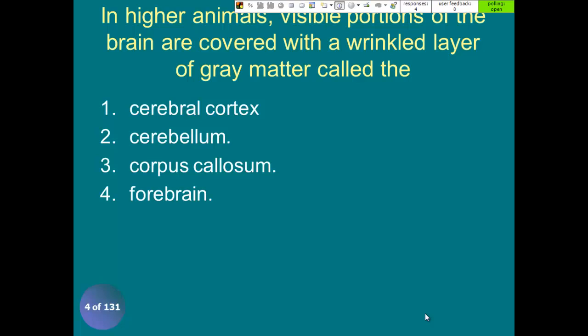Even if you don't know the answer, do a process of elimination. What did I say about the forebrain, the corpus callosum, the cerebellum, the cerebral cortex? Which one would be the visible portions of the brain covered with a wrinkled layer of gray matter? This whole thing here. I did mention this, but I mentioned it very quickly.